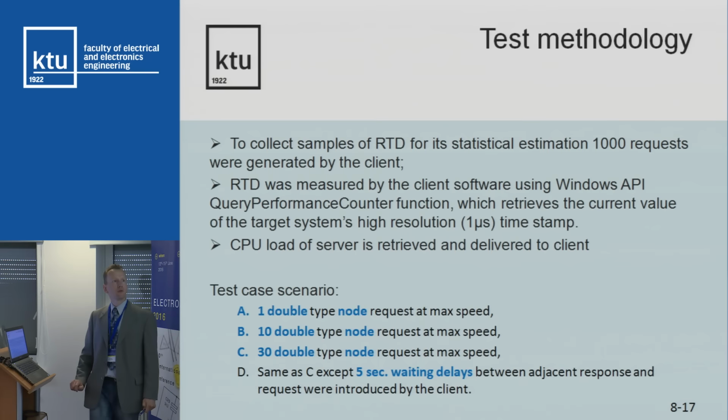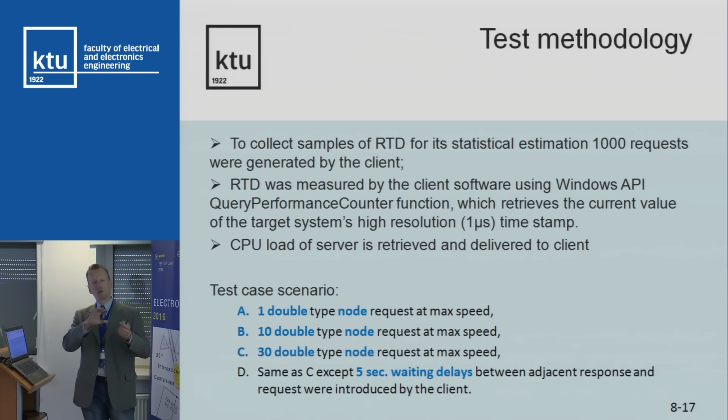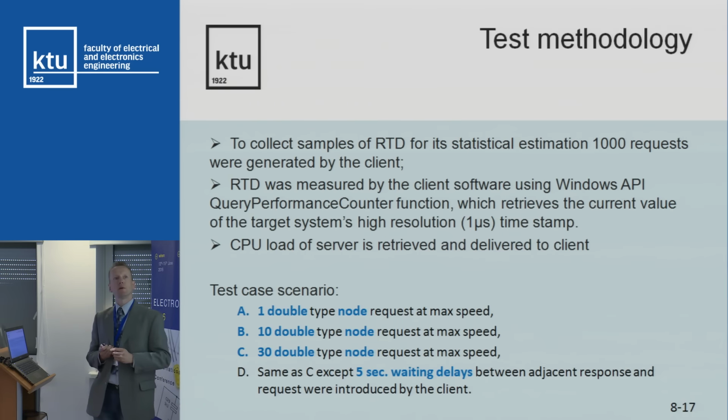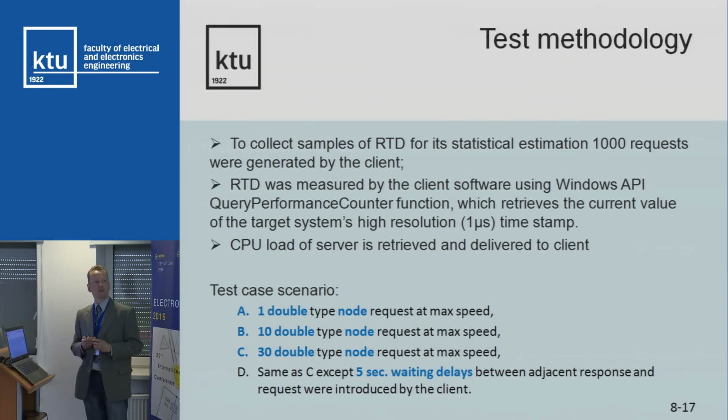For the test methodology, there was not one single request and answer, but we approached it statistically. Every point in the charts I will show was acquired by sending 1,000 requests, and statistical estimates, histograms, and probability distribution functions were drawn out of that experimental data.